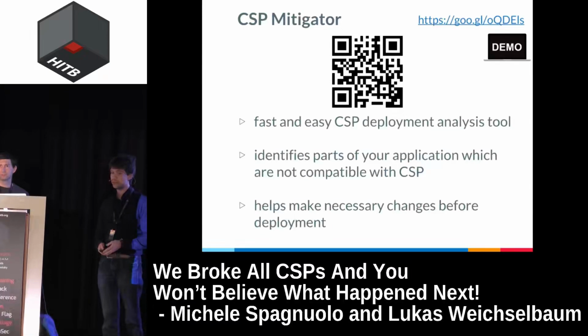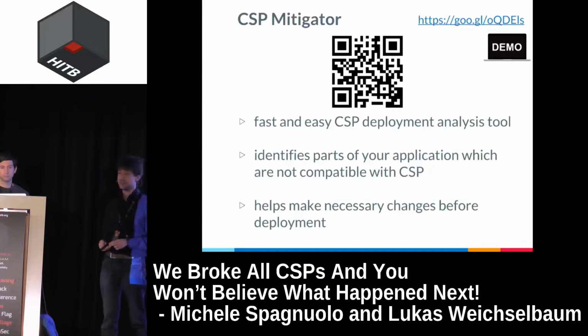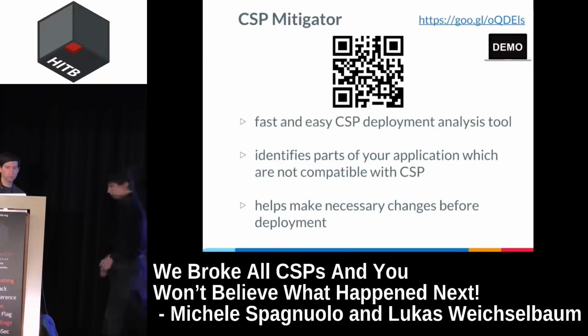It also provides guidance, helping to make necessary changes. This is very useful because when you want to deploy to several products, you need to enable developers to prototype policies on their own. And we have a short demo here.